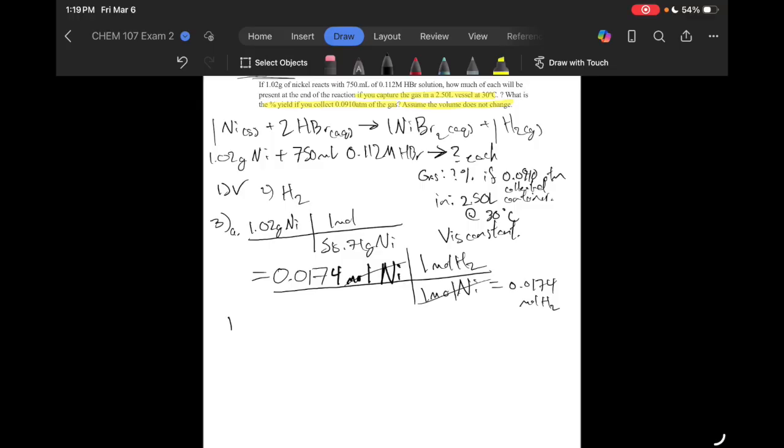Okay, so now part B, we do the same thing, but instead of nickel, we use the HBr solution. So how much HBr do we start with? Well, we have 750 milliliters of a 0.112 molar HBr solution. So what is that in moles?